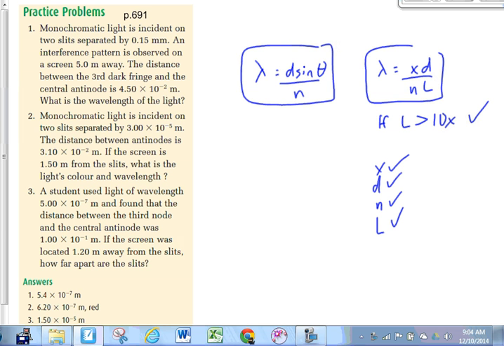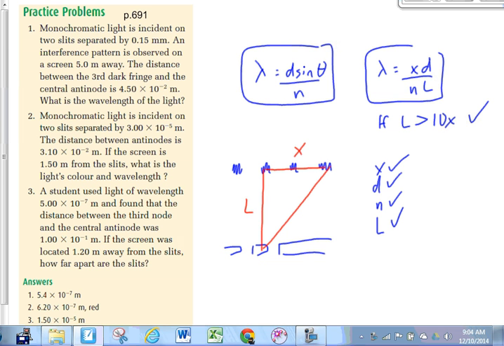Okay, if you remember what things look like here, back to that original diagram we drew here. If this is, let's say, a line that goes from the slits to the screen, that would be L. This would be x. Let's say we're trying to find the distance from the central maximum to the second maximum.